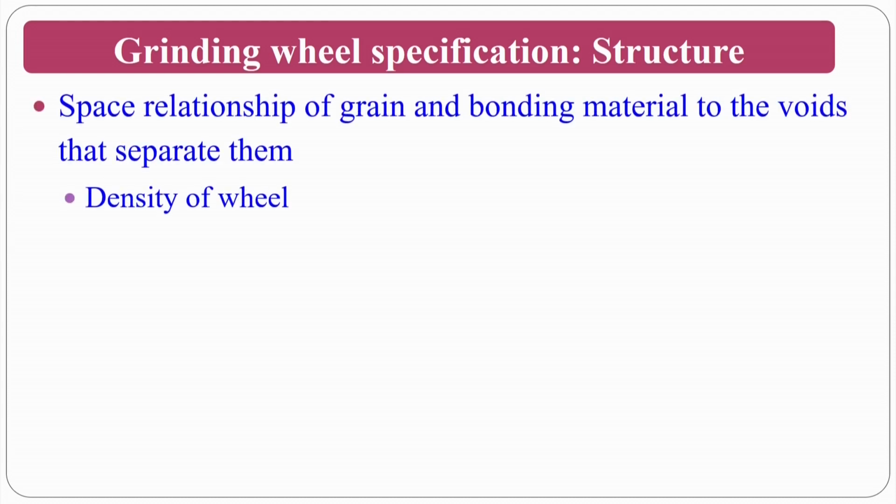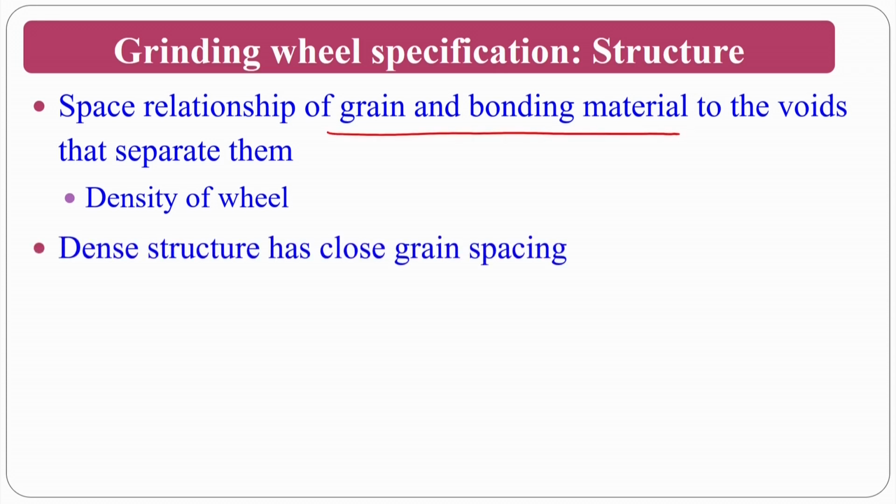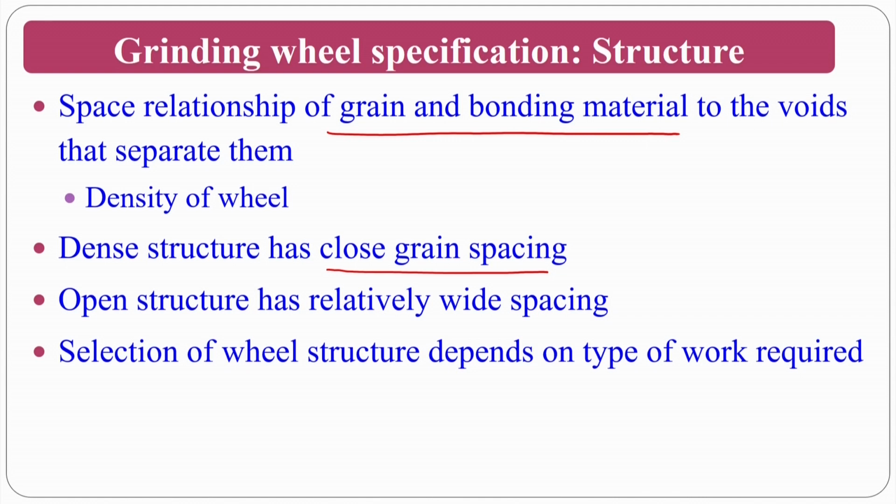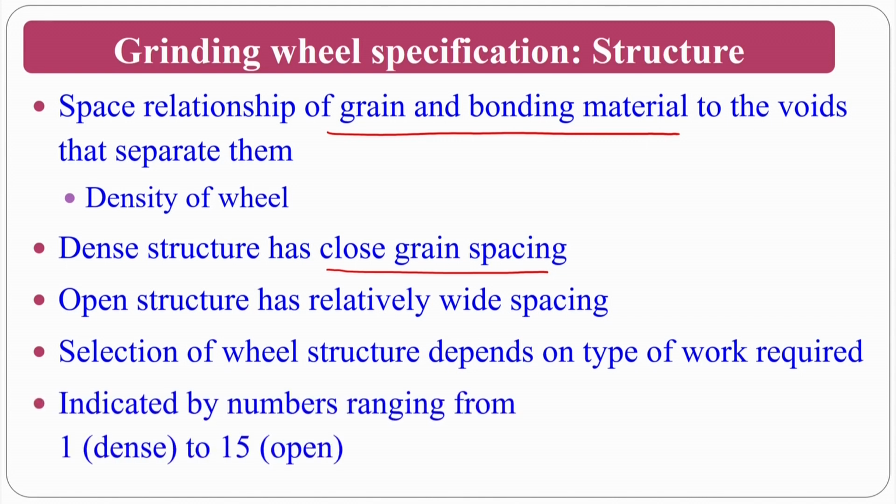Already I told you that structure defines the particle locations, the space relationship of the grain and bond material, which tells the grinding wheel density. Dense structure means close grain spacing, and open structure is relatively wider spacing. The selection of the grinding structure depends on the type of work required, indicated by numbers in the range of 1 to 15.